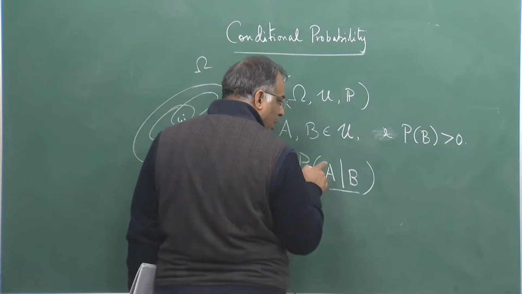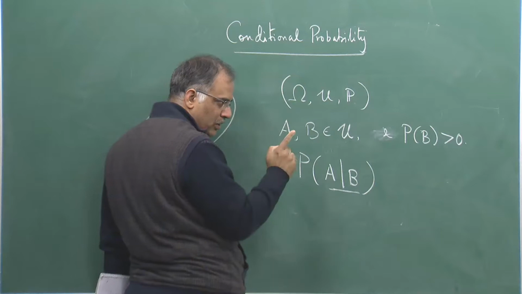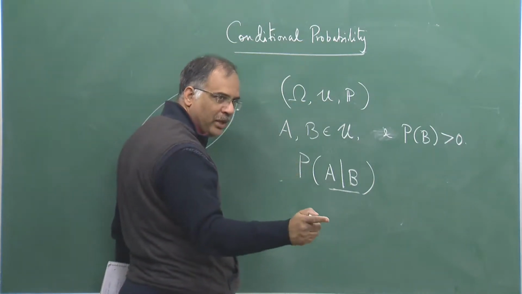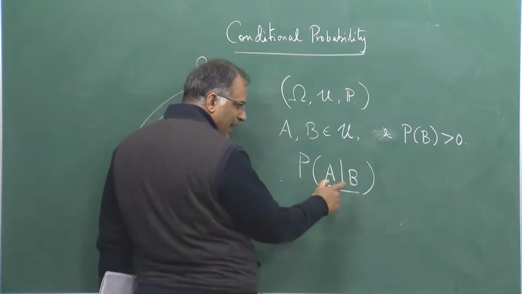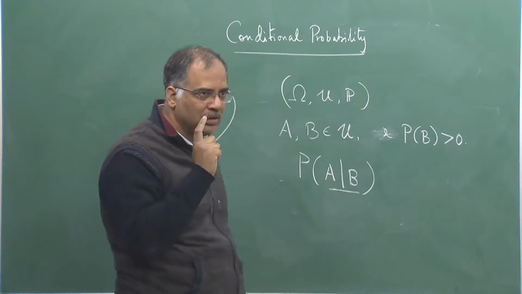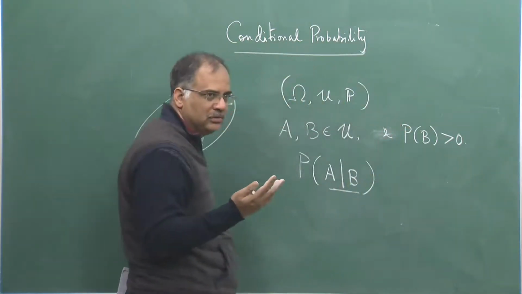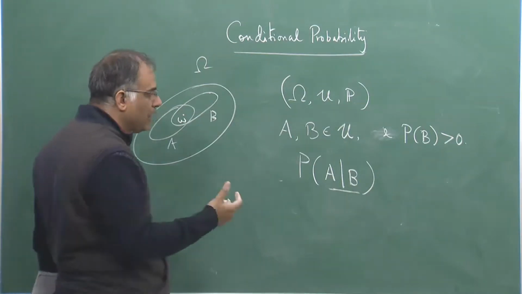My question again is very important: if omega is in B, that I know that this omega has occurred, what is the probability that it is also in A? So then A given B is an event which is not really a part of this sigma algebra. These are just events A, B, C, D, but here I am talking about something else.